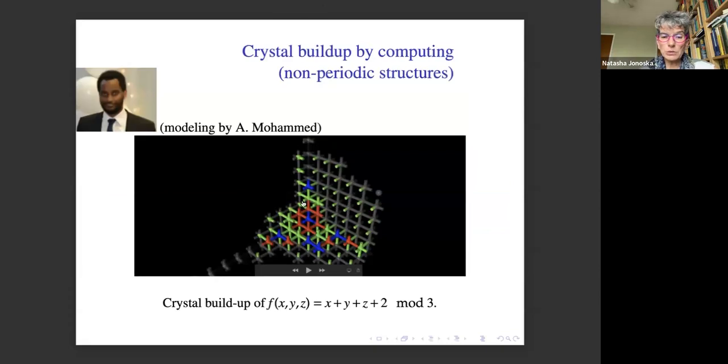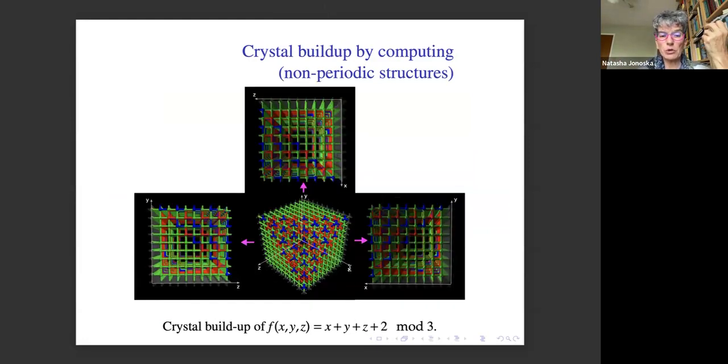This would be a buildup of a function x, y, z, x plus y plus z plus 2 mod 3. So I can have green, which is 0, red 1, blue 2, for example, 3 distinct triangles, and build up the structure. For this function, you get an aperiodic structure of this form. So this is algorithmic design of aperiodic structure in 3D.